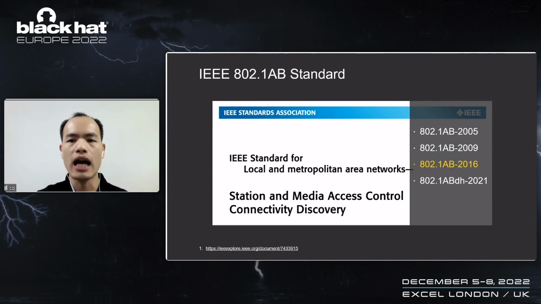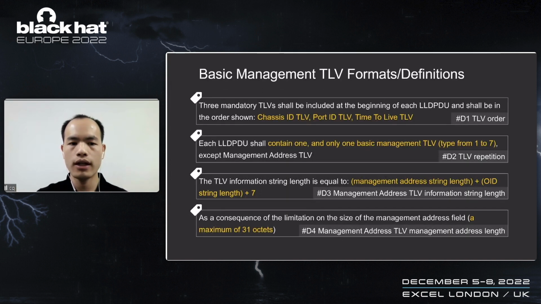In addition, the amendment in 2021 adds support to transmit and receive LLDP TLVs that exceed the space available in a single frame. However, this feature seems not to be used on network appliances yet, so we'll focus on the 2016 version. The standard has explicit definitions for the basic management TLV, such as TLV order, TLV repetition, management address information string length, and management address length.